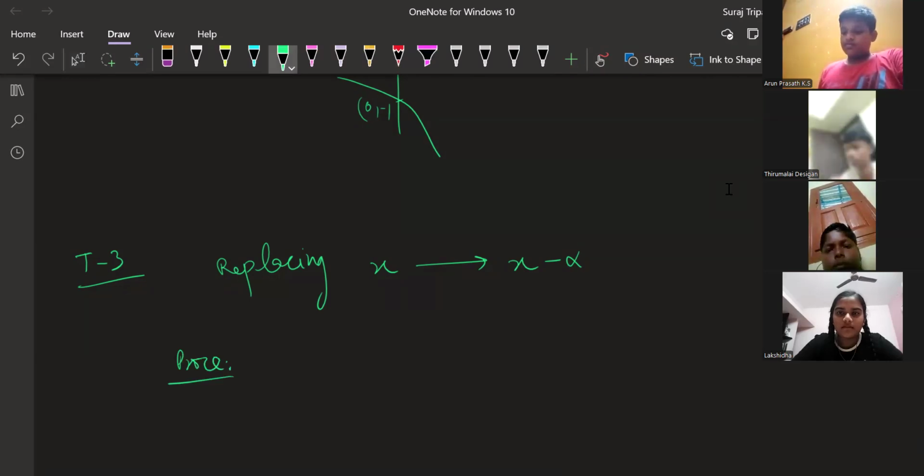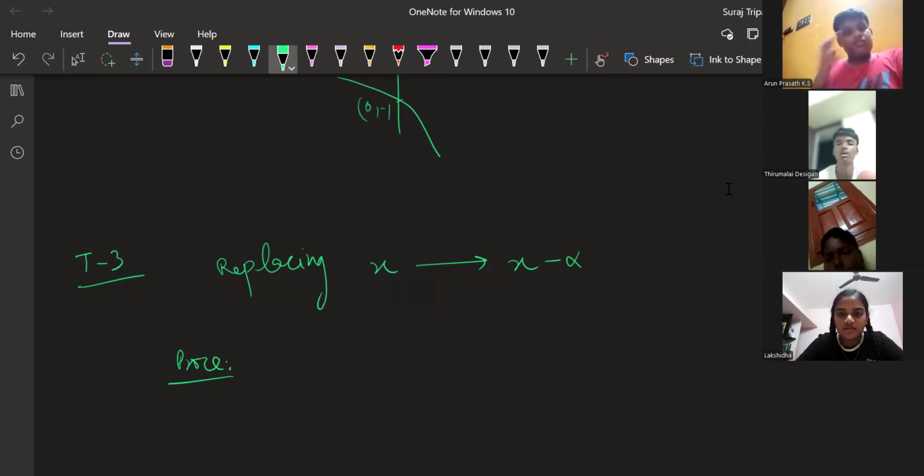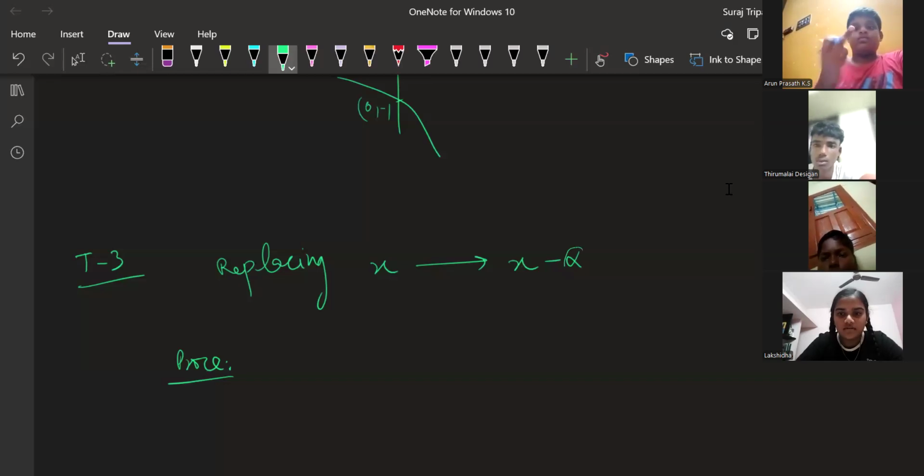Whatever the value of alpha is, whatever graph is there, we have to shift the entire curve towards the right side, by this alpha value.